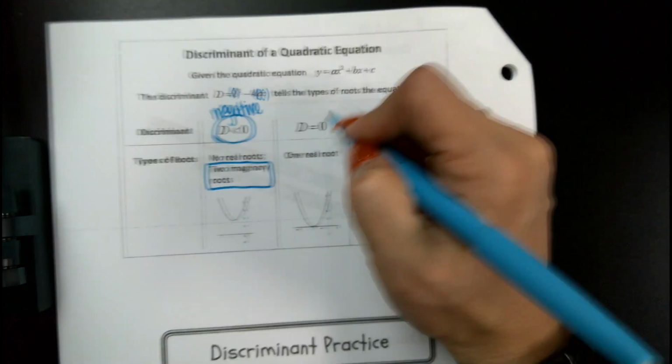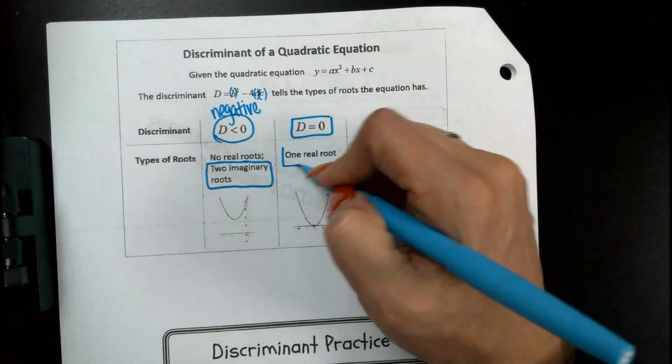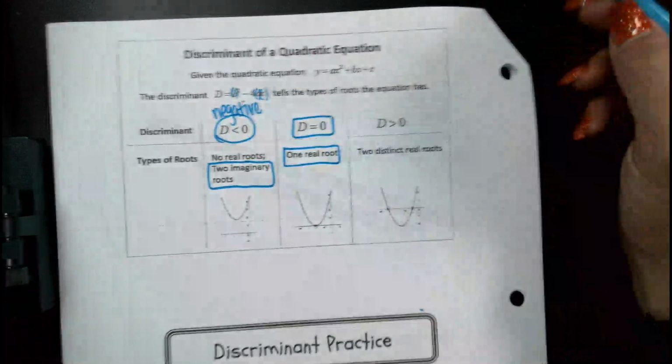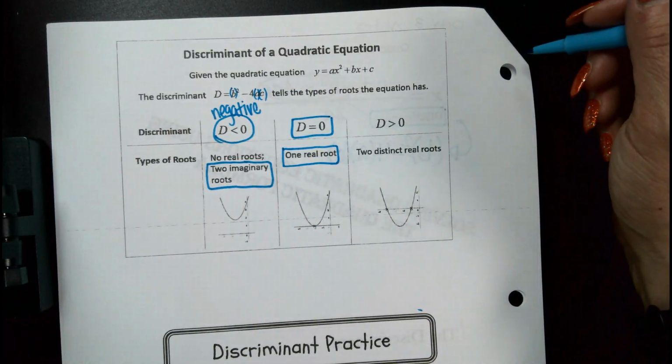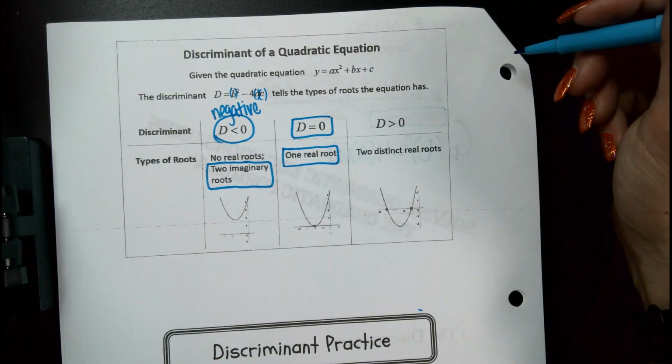If you type it in and you get an answer of 0 that pops up on your calculator, that means there is only one real solution. So an answer of 0 means there's one real solution.